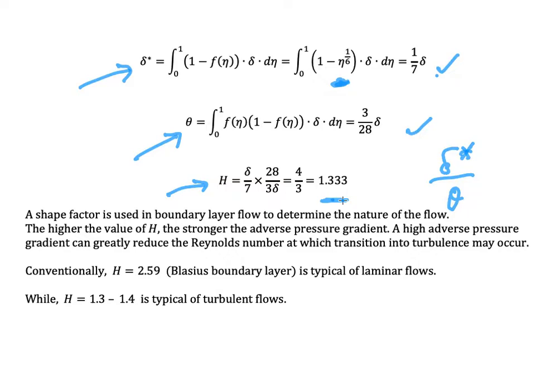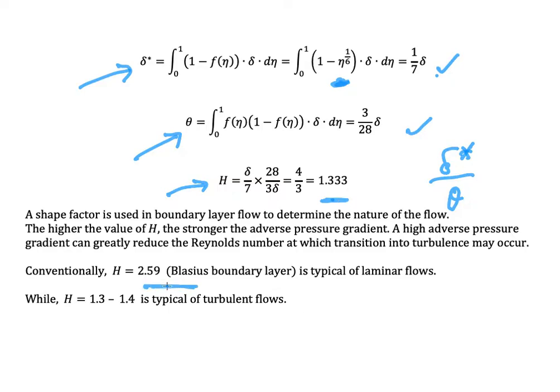The shape factor is used in boundary layer flow to determine the nature of the flow. The higher the value of H, the stronger the adverse pressure gradient. A high adverse pressure gradient can greatly reduce the Reynolds number at which transition into turbulence may occur. So the idea is by having the value of H, we could determine whether it is a laminar boundary layer or a turbulent boundary layer.